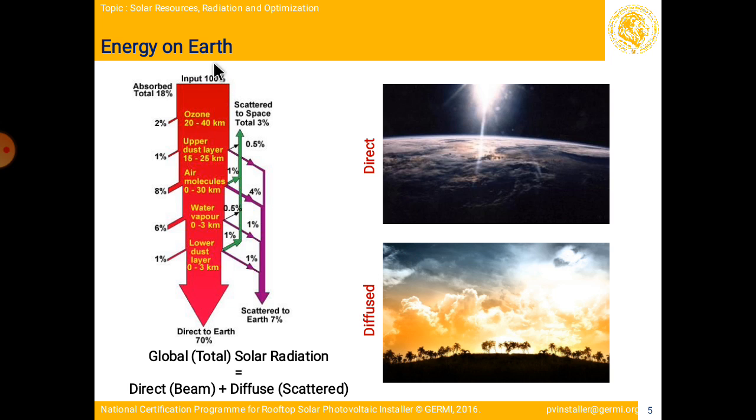So over here you can see that we are inputting 100%, and then the ozone layer will absorb around 2% of the energy, and it is 20 to 40 kilometer away from the sun. Then the upper dust layer in space, which is around 15 to 25 kilometer from the ozone layer, will absorb 1% of the input energy. Then we have the air molecules available in the atmosphere of the earth, 0 to 30 kilometer away from the upper dust layer, which will absorb around 8% of the energy reflected from the sun.